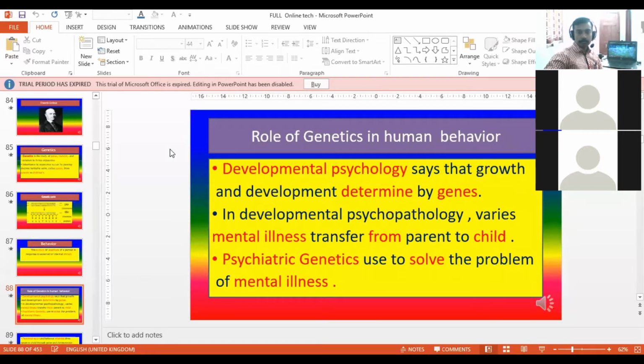Developmental psychology says that growth and development are determined by genes. Developmental psychopathology deals with various mental illnesses from parent to child.